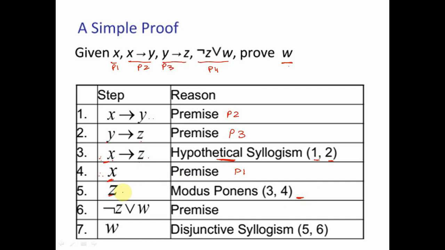Now Z is true and not of Z or W is true. Right? Please remember, what does disjunctive syllogism look like?